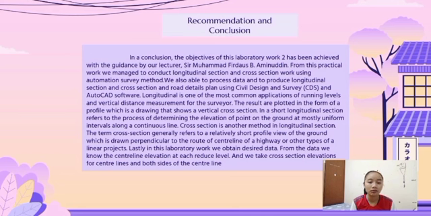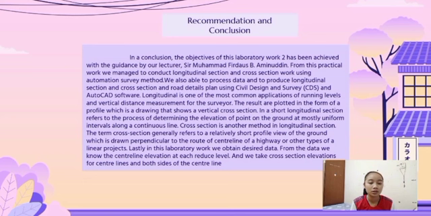Longitudinal section is one of the most common applications of running levels and vertical distance measurement for the surveyor. The results are plotted in the form of a profile, which is a drawing that shows a vertical cross-section. In short, longitudinal section refers to the process of determining the relative levels of points on the ground at mostly uniform intervals along a continuous line.